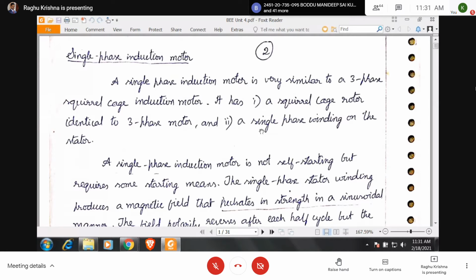Second, a single phase winding on the stator. If you see the difference, on the stator you have a single phase winding, whereas in a three phase induction motor you have a three phase winding on the stator.